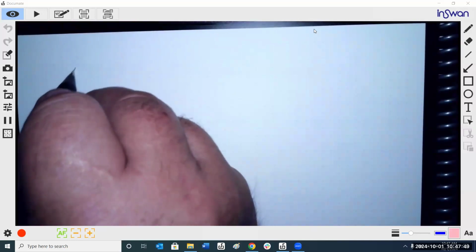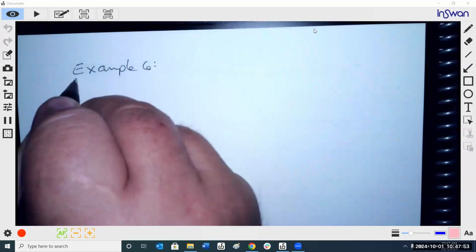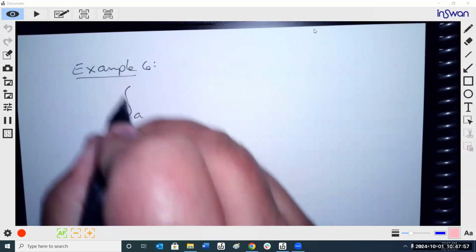So now let's look at an example of definite integrals. This is example 6. So we're going from a to b.